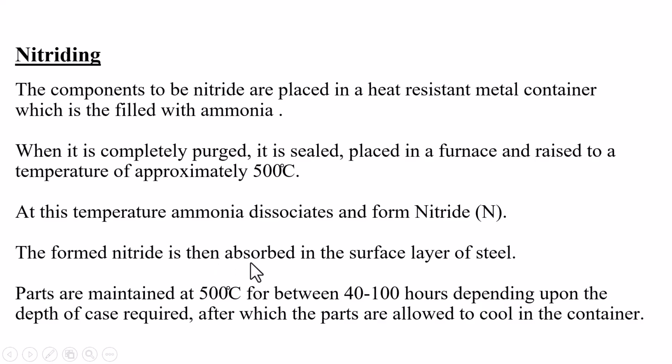The formed nitrogen is then absorbed in the surface layer of the steel. Parts are maintained at 500 degrees Celsius for 40 to 100 hours, depending upon the depth of case required. According to that, the time is controlled. After which the parts are allowed to cool in the container. That is called nitriding.